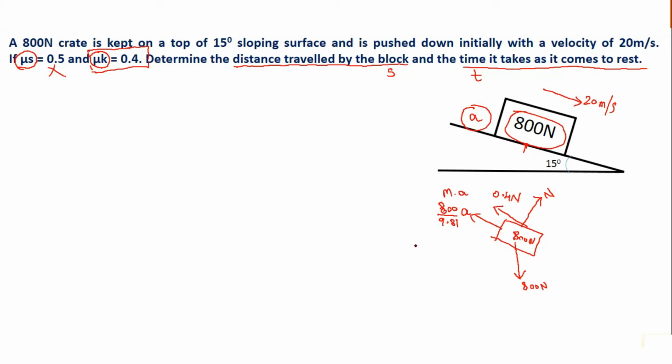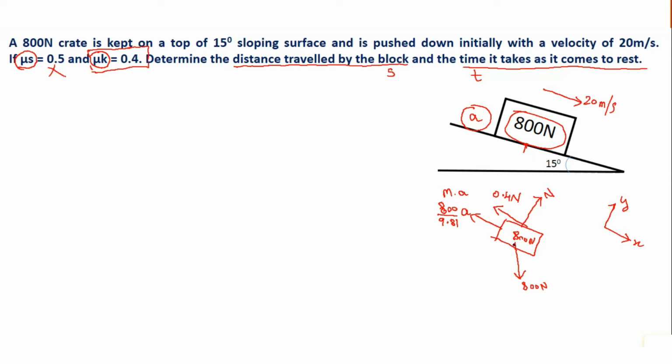Now we are ready with the entire diagram in which we can apply conditions of equilibrium. But before that, all the forces should be aligned to either x or y. If I consider this as my coordinate system of x and y, you can see all the forces are either in x direction or in y direction except this force of 800 Newton.